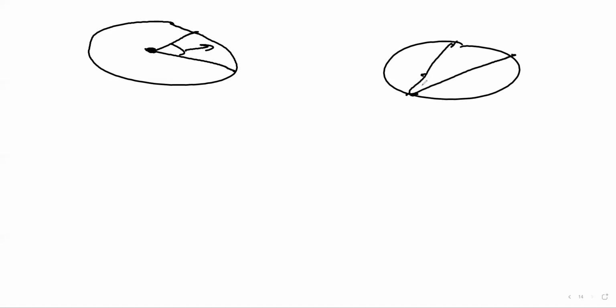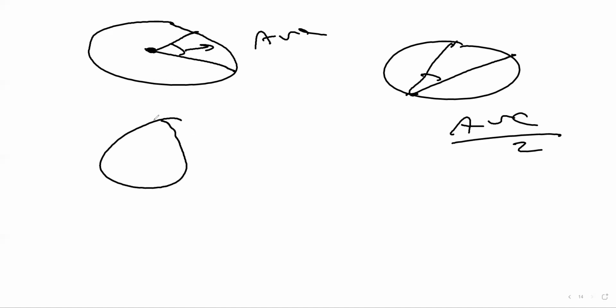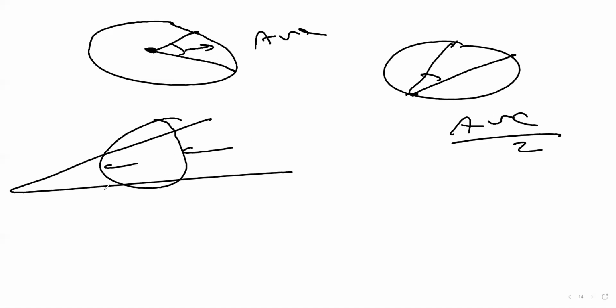When we have a circumference angle on the circle, it equals half of the arc, arc over 2. And when we have the angle outside the circle, it is the difference of arcs over 2.